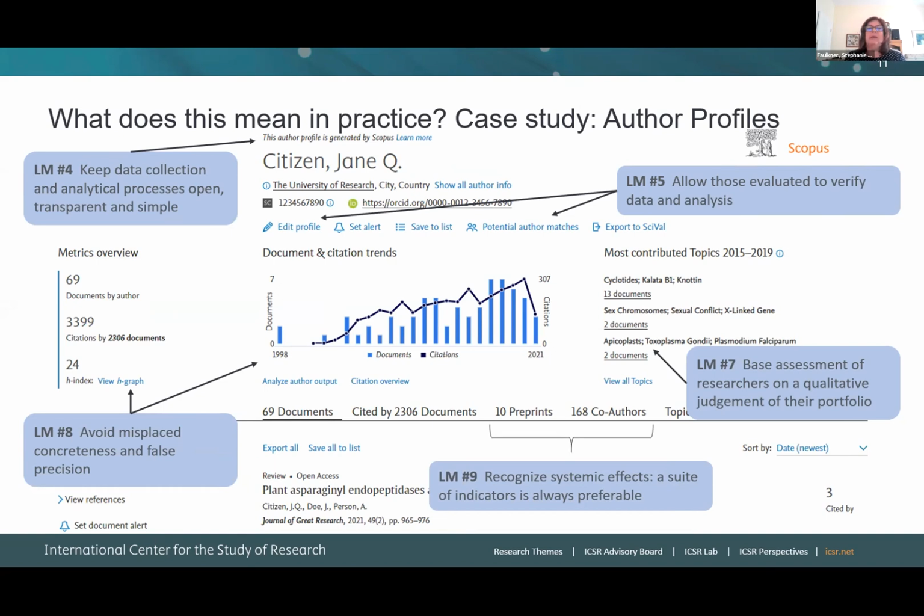We're now aggregating preprints in Scopus from the most popular preprint archives, including medRxiv, arXiv, bioRxiv, chemRxiv, and SSRN. So including these preprints in an author profile gives you a sense of what Jane's currently working on, based on the early manuscript versions that she's posting on these preprint servers.